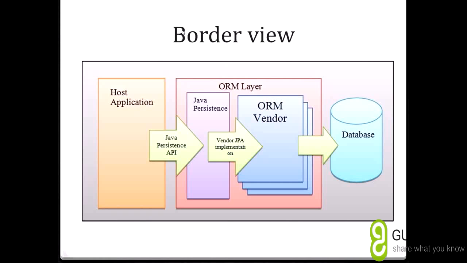So this is the outline view of the architecture, okay. So your host application interacts through JPA APIs to the ORM layer, and then it is a vendor specific ORM, okay, which in turn interacts with the database. ORM itself is an interesting topic, object relational mapping.